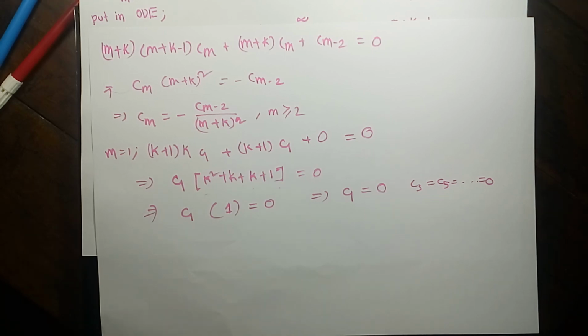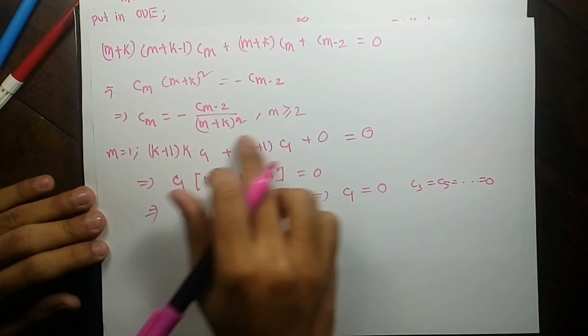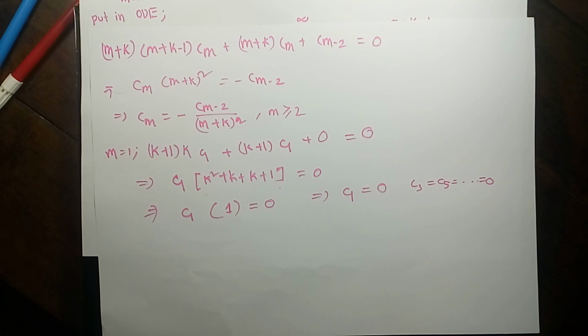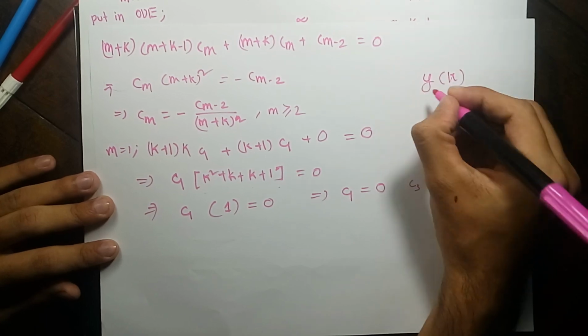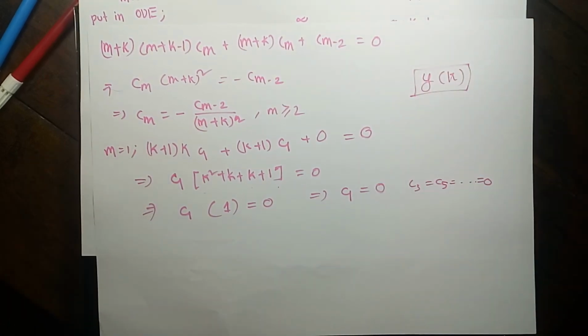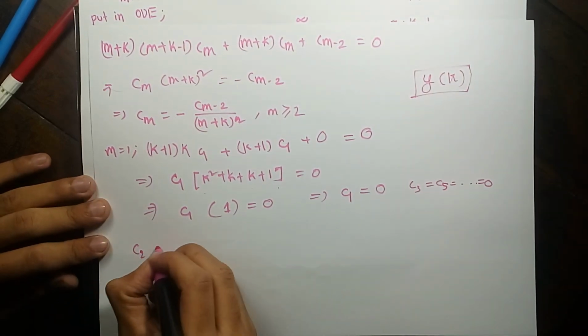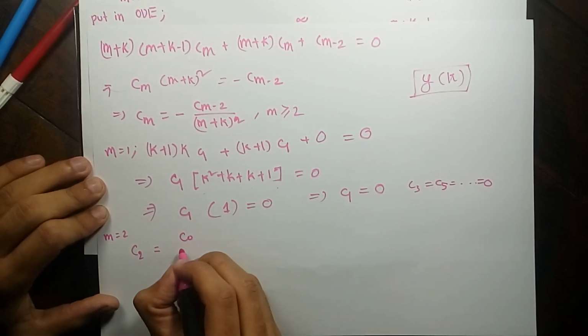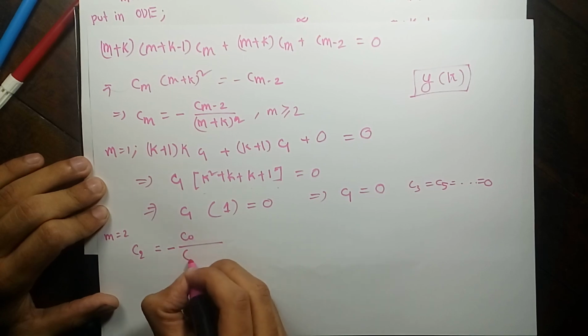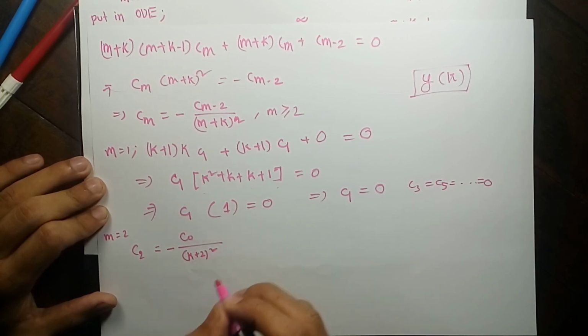Now to find out two solutions, we really find out our C2, C4, C6 in terms of k. Just like before, we build our y as a function of k. That will be our first task. So if we want to find out C2, put m equals to 2, C2 equals minus C naught over k plus 2 square.